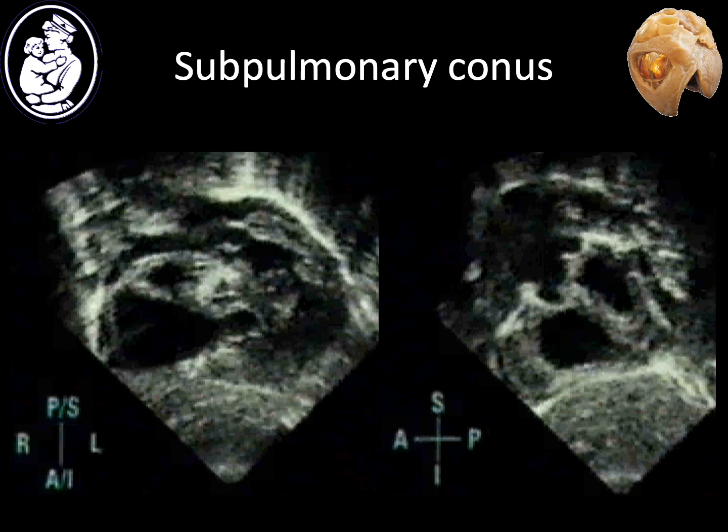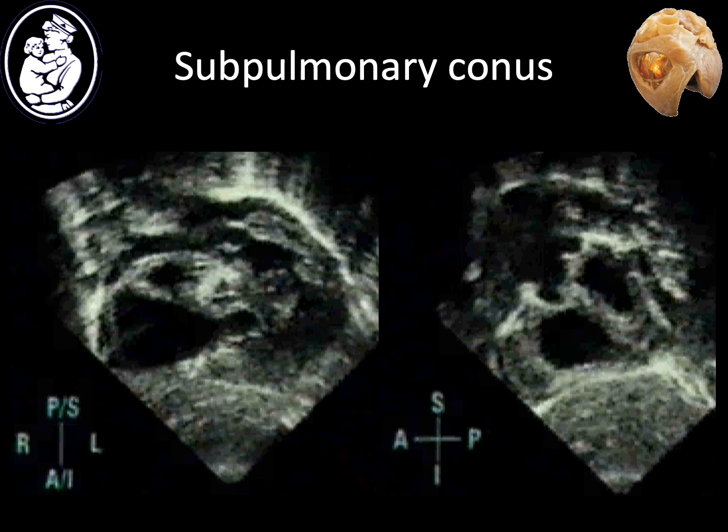The first series that we have is from a patient with only subpulmonary conus but transposition. The panel on the left shows the bifurcating pulmonary artery aligned with the left ventricle, and the aorta here aligned with the right ventricle, transposition.